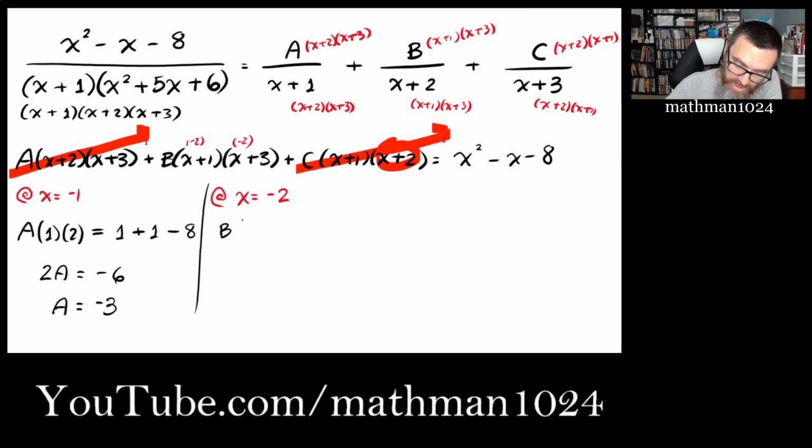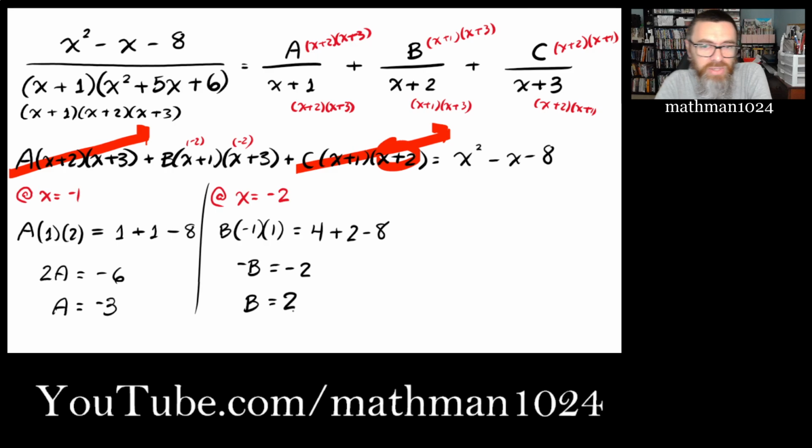So that's B times negative 1 times 1. Plugging in negative 2 on the right side gives me a positive 4 plus 2 minus 8. So negative B equals negative 2. So B equals positive 2.